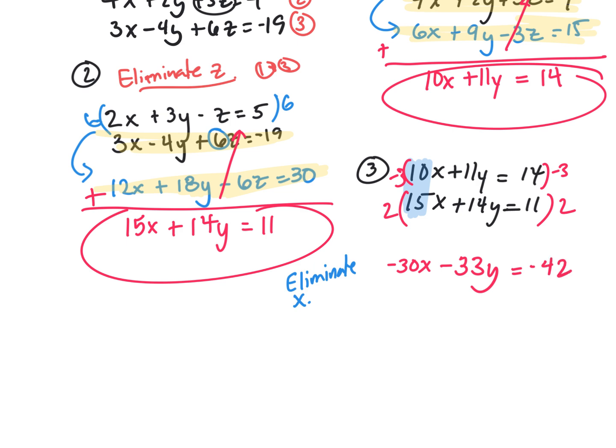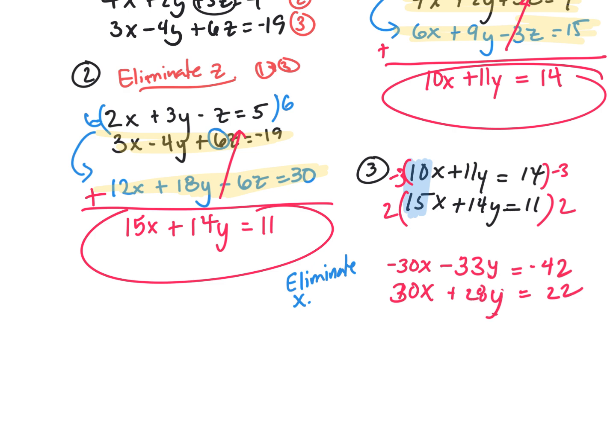And then when I multiply the bottom equation by 2, I get 30x plus 28y equals 22. It's kind of hard to see this. So that should be a negative 33y, 28y, okay?